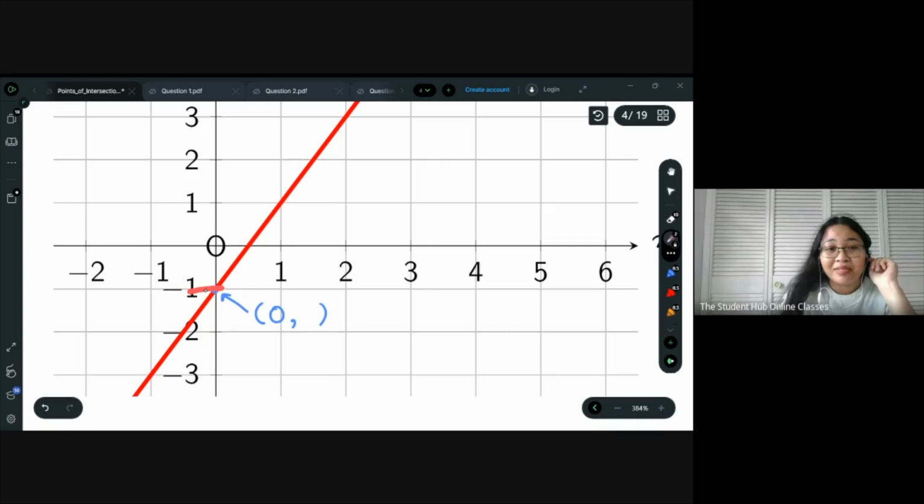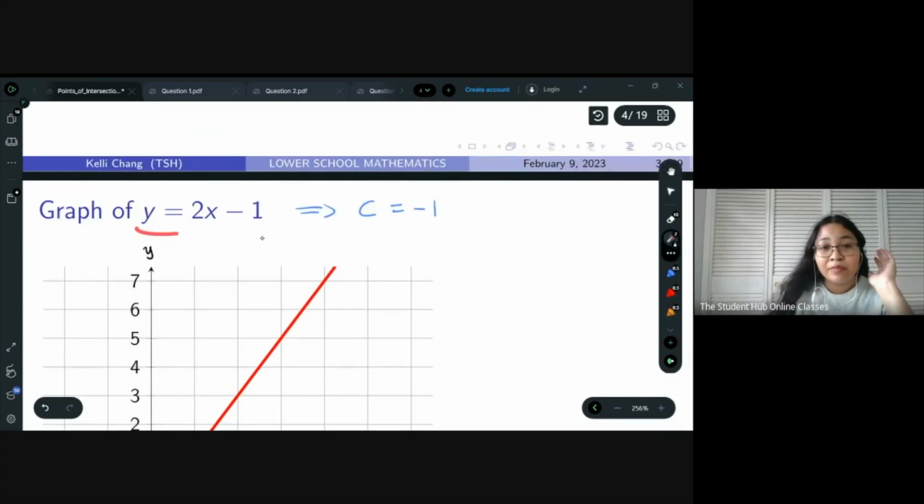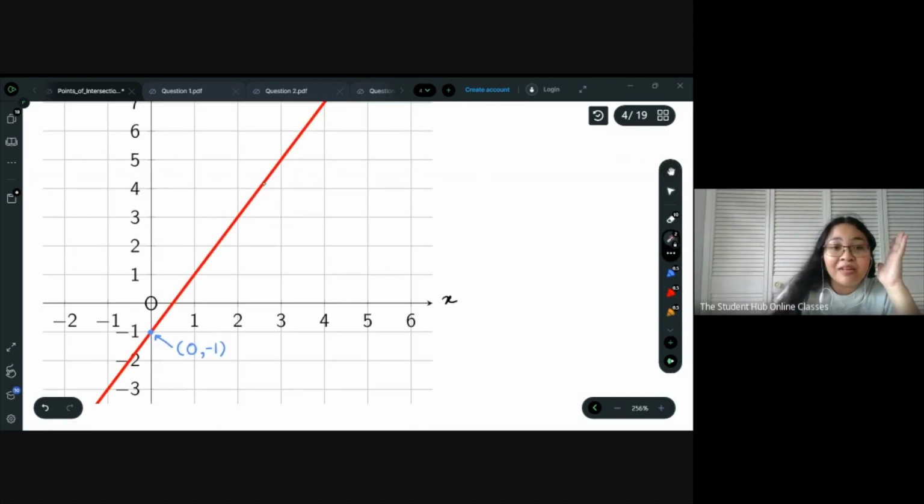It's in line with this -1 here. Right, so once it's below the x-axis, we deal with negative values. So it's -1. Right? So once it's in standard form, you can get the y-intercept right here. And what it just means is that the line of the graph intersects the vertical or the y-axis at that y value. And as always, for your y-intercepts, the x-coordinate is always going to be 0.